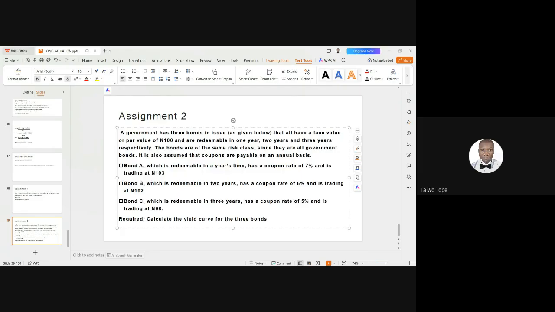What is that yield curve? Let's get the understanding. Can I get 1 or 2 reactions to this? What is the yield curve?